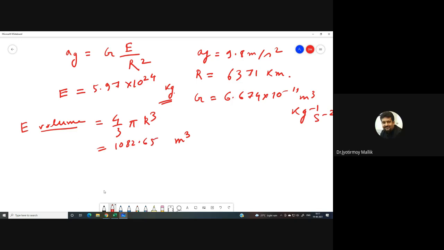Yes, sir. Okay, now can you calculate the density then? What would be the density of the Earth in kg per meter cube, and then express it in gram per cc?